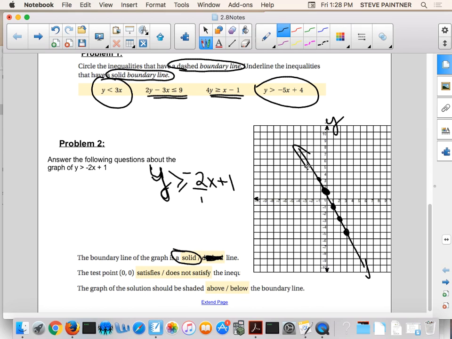So anything on the solid line works or doesn't work? Works. Okay. Where is 0, 0? Right here. 0, 0 actually falls where? Under the line. Okay, check it out. Does 0, 0 work? Put 0 in for x.